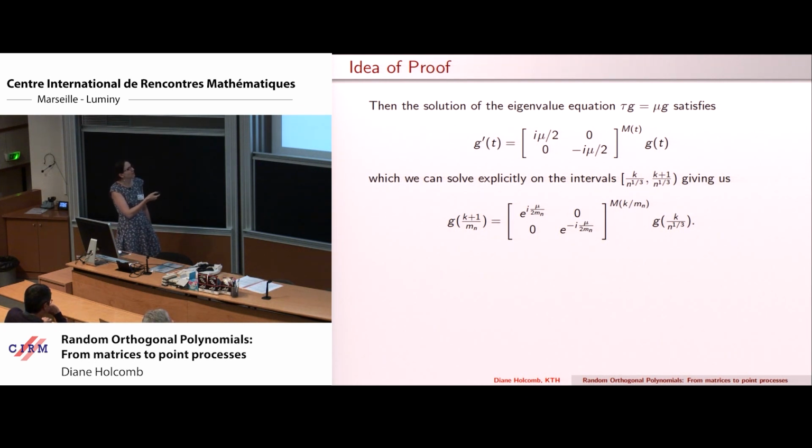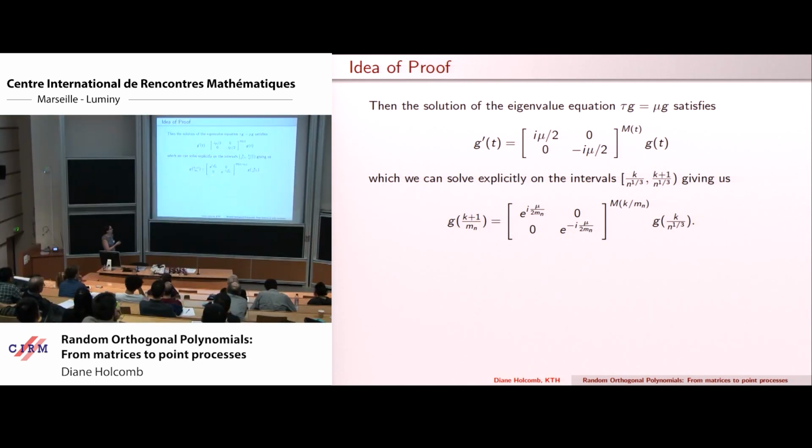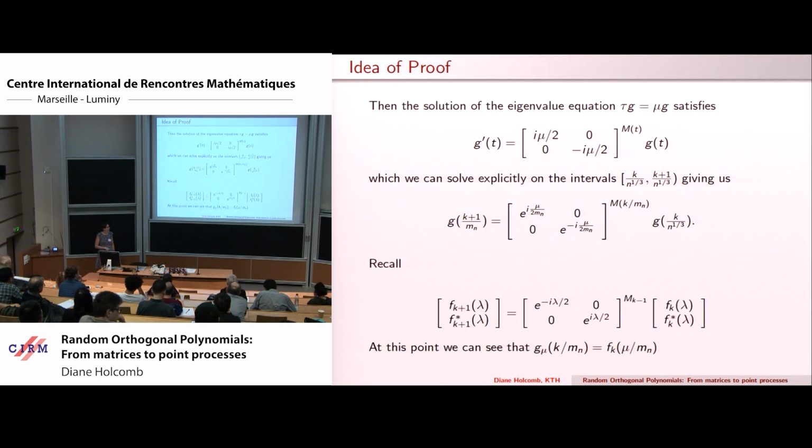So these should all be m_n. But if you do that and you say, I want to solve what happens at time (k+1)/m_n, that's the same as just multiplying my solution at time k/m_n by this matrix, because I can solve that differential equation. And this should look familiar, because this is exactly this, right? It's exactly how you change the f's.